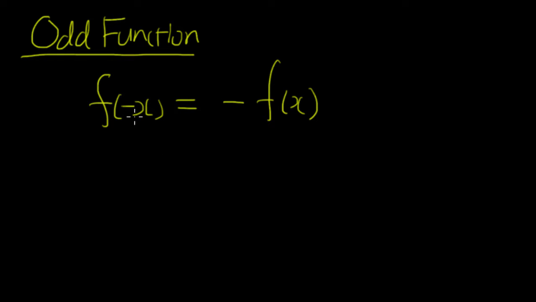Now very similar to even function, but of course it's different because now we have this minus here, right? So when we replace the original f of x with f of negative x, if the result is same as negative f of x, then that's odd function. So let's try an example.